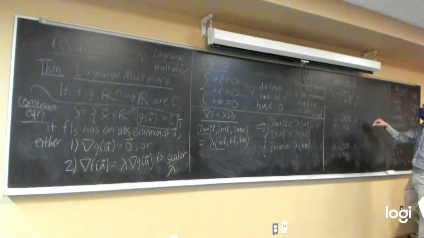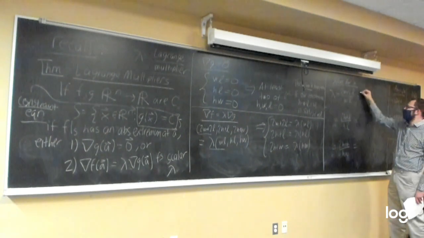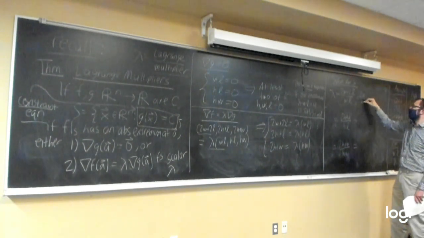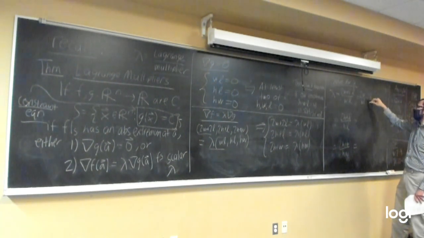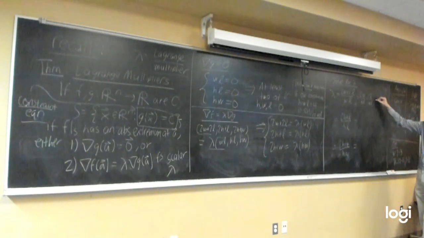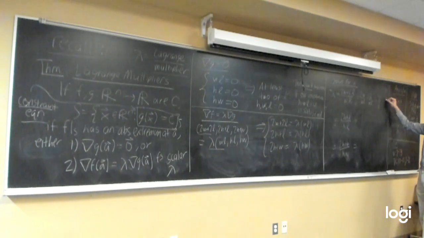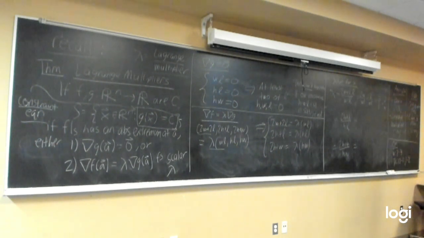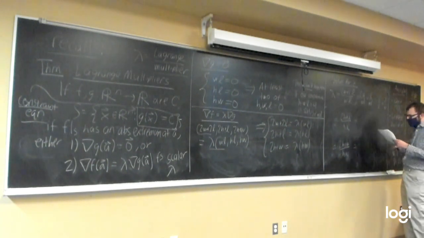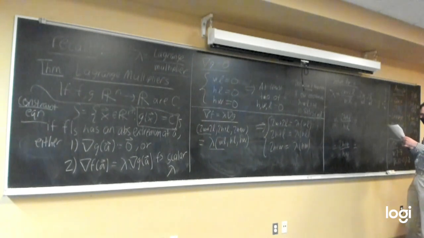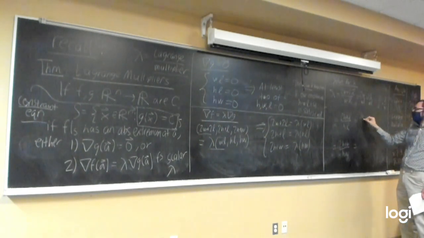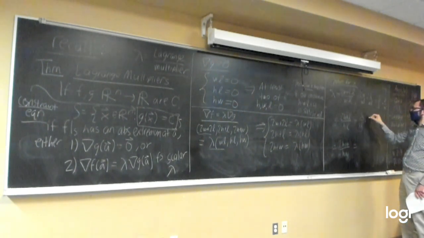So for this first one, for instance, we could write it as 2w over wl plus 2l over wl, which is going to be the same as 2 over l plus 2 over w. We can rewrite the second equation as 2h over hl plus l over hl.